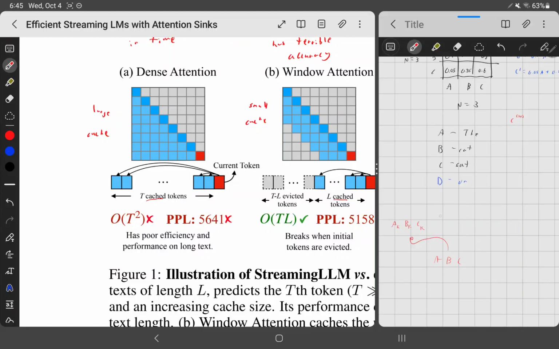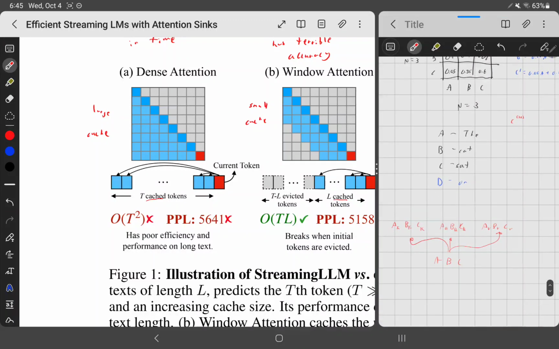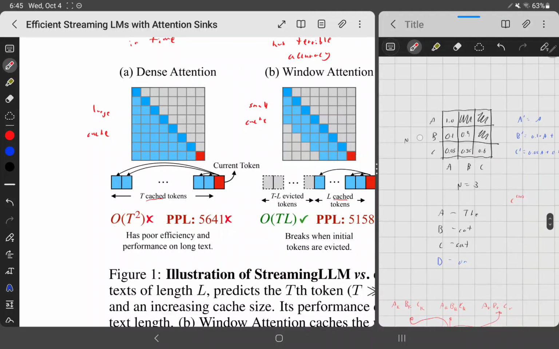And then you would also create your queries, AQ, BQ, and CQ, and then your values, AV, BV, and CV. So these would be your Ks, and these would be your Qs.